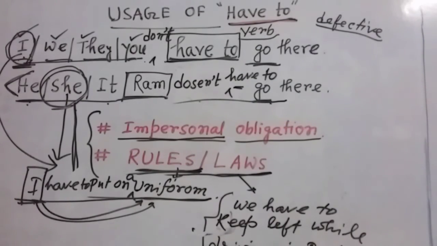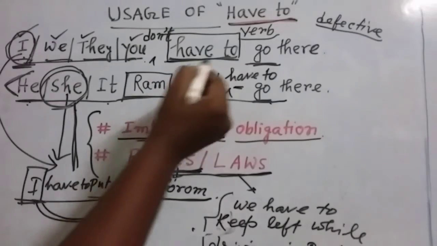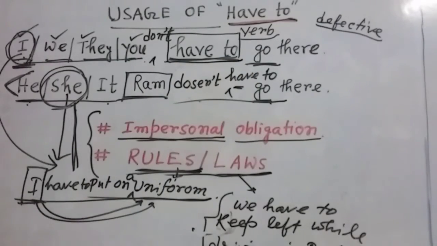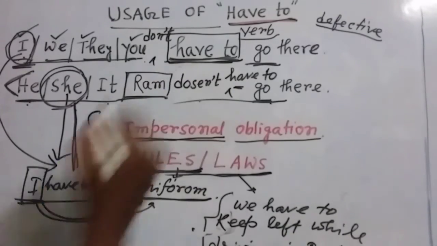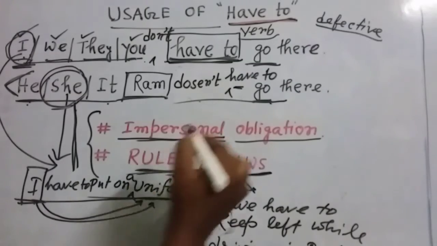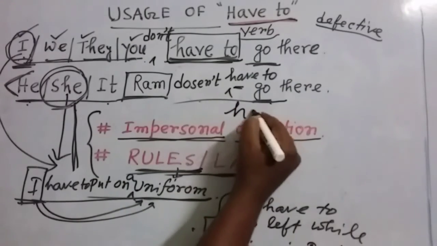Now, my dear friends, one thing I can inform you, that this term have to, it may be used in present tense, it may be used in past tense, it may be used in future tense, or even it may be used with the modals. Now, my dear friends, if we want to write this form into past tense, we have to use had to.